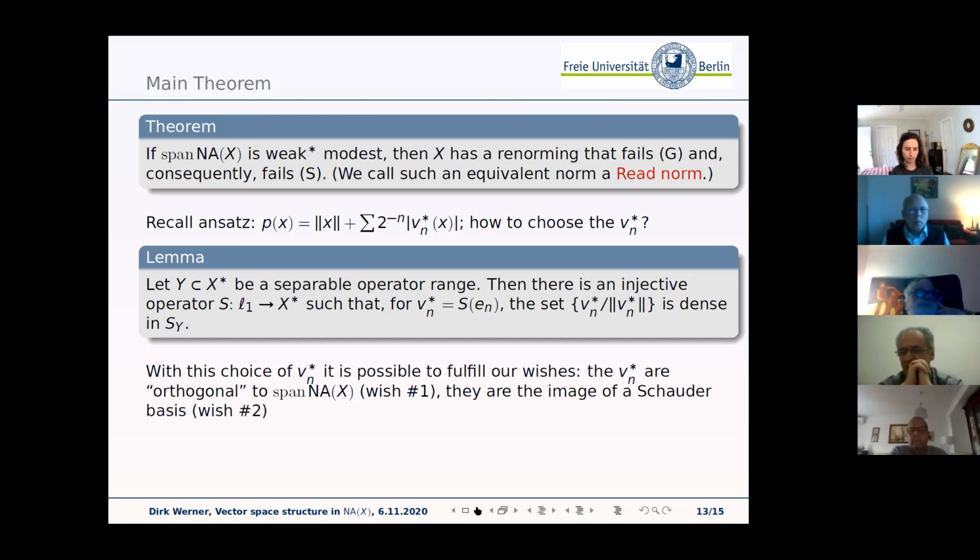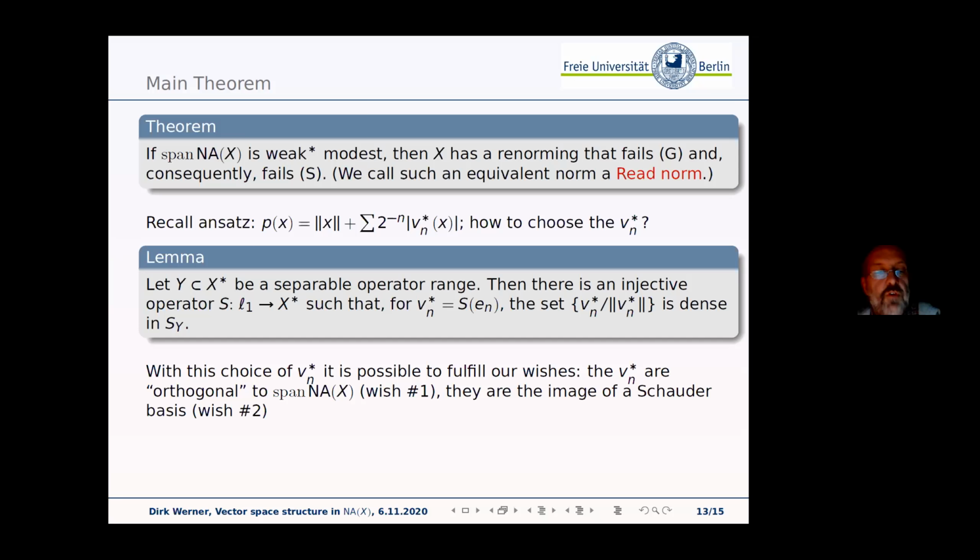Then in wish number 2, we were going to conclude that the coefficients in the sum are 0 once the sum itself is 0. And this is so now: the Vn stars are not a Schauder basis, but they are the image of a Schauder basis. So therefore we can conclude this after all.